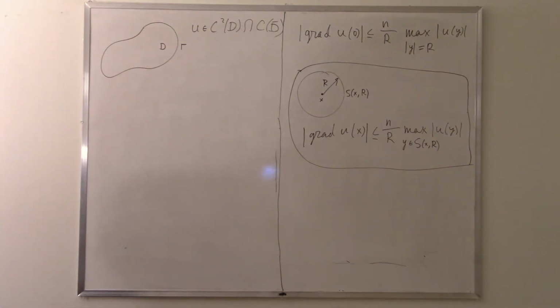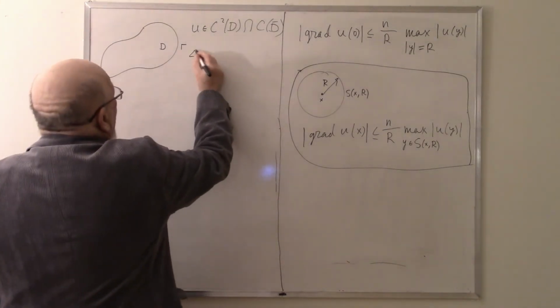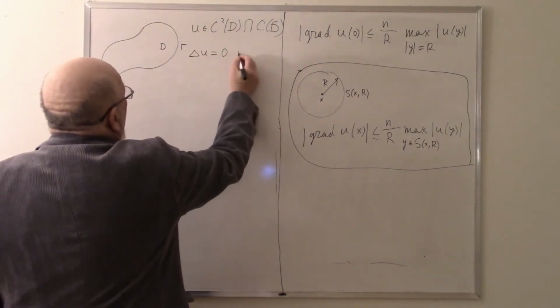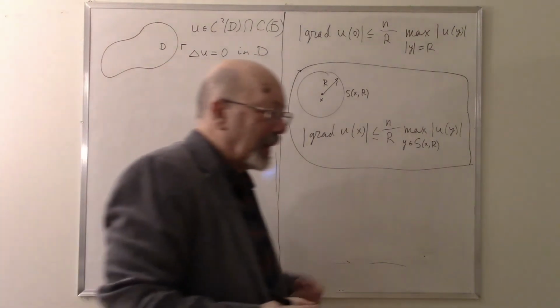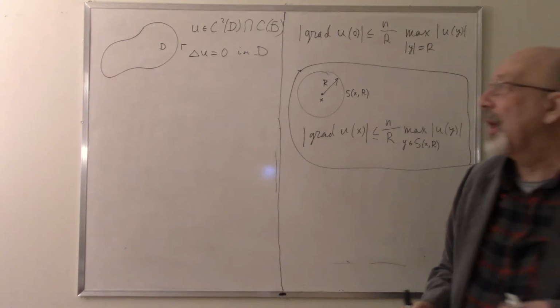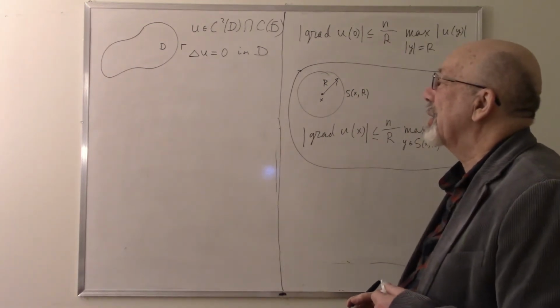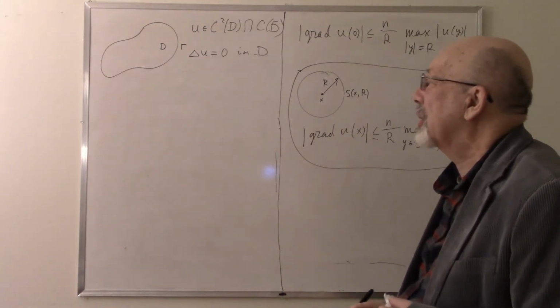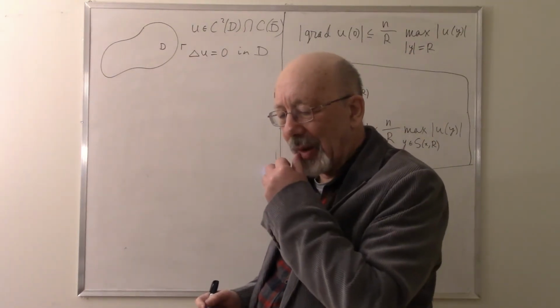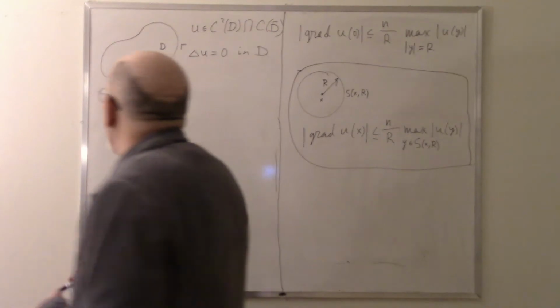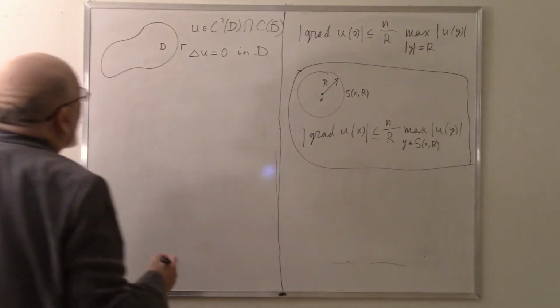And we have a function, Laplacian u is 0 in D. So the same situation: a harmonic function inside the domain, and it behaves reasonably well when you approach gamma, at least it's continuous there.